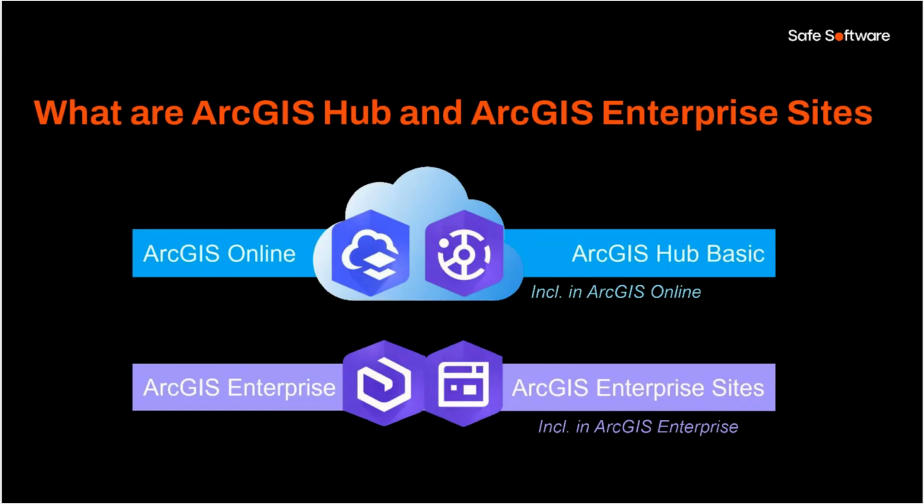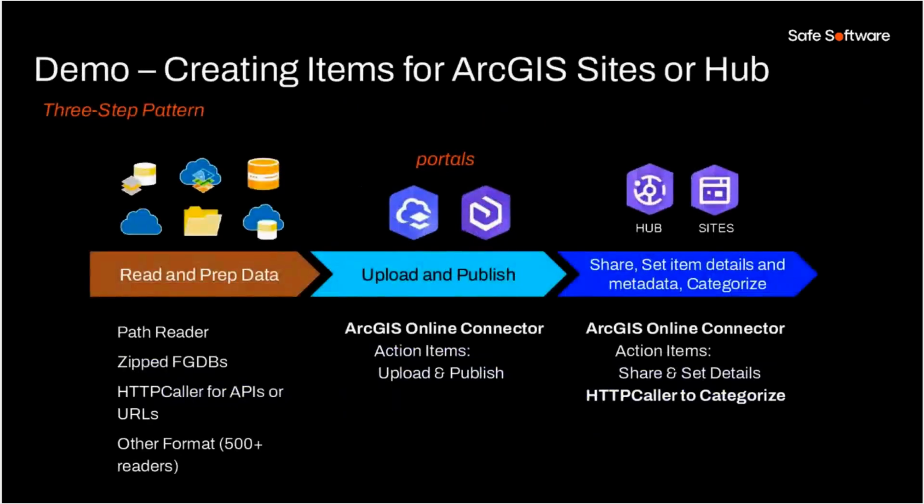To automate hub item creation, we follow a 3-step pattern. Read and prepare the data, create the portal item with upload or publish actions, update the portal item to create the hub item using share, set, and categorize actions. We do not have the categorize actions yet, but we can use the HTTP caller for that. All right.